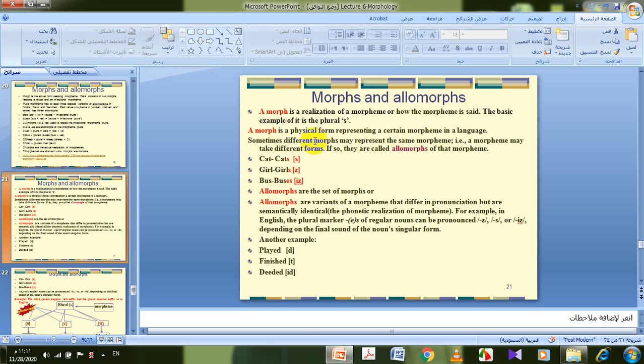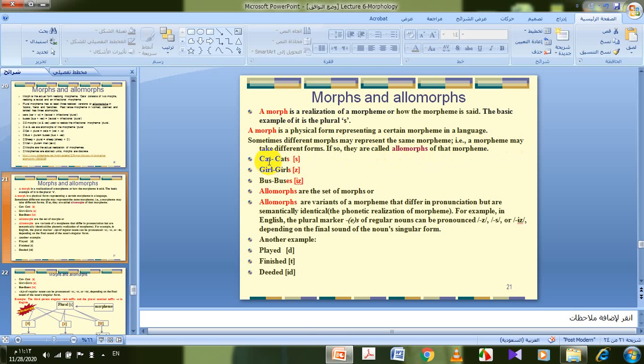Like the plural S, which is a morph. However, sometimes different morphs may represent the same morpheme. That's to say, a morpheme may take different forms. If so, they are called allomorphs of that morpheme.